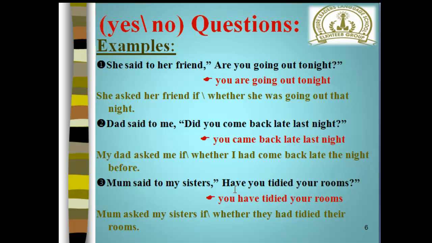Mom said to my sisters, "Have you tidied your rooms?" Mom asked my sisters if or whether. "Have you?" Change it into "you have." Then from this you can change the tenses, the adverbs and the pronouns: if or whether they had tidied their rooms.